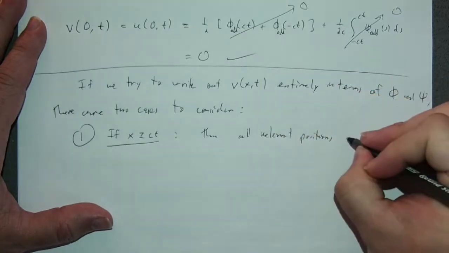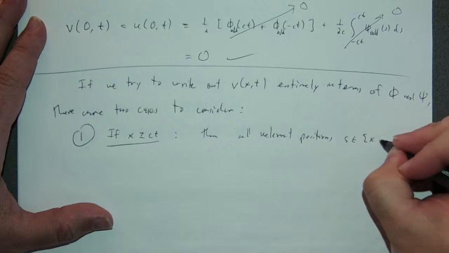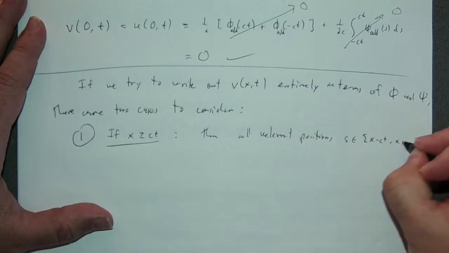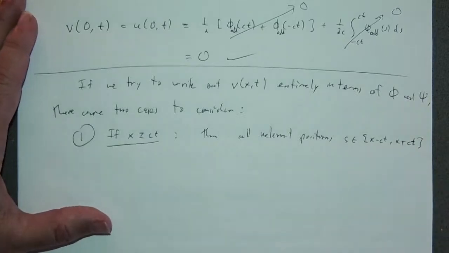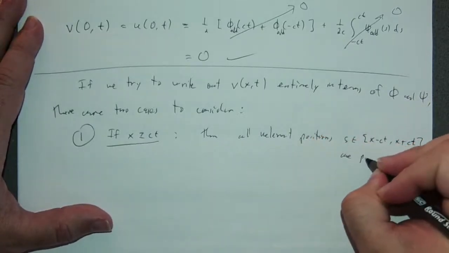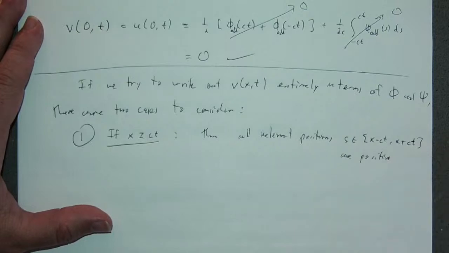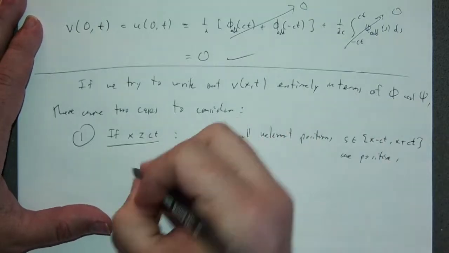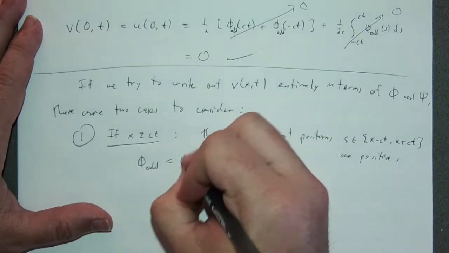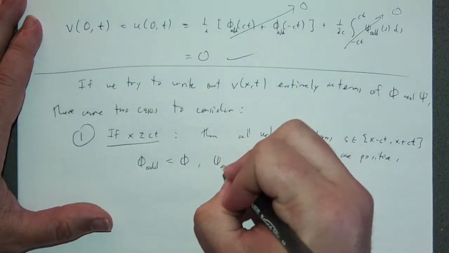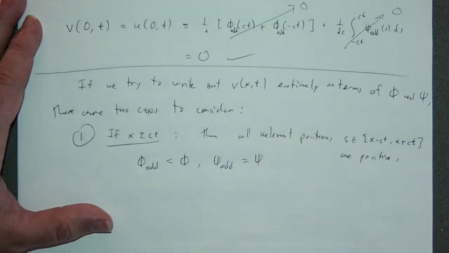positions s in this interval x minus ct to x plus ct, all of those are positive. So phi odd is just phi, and c odd is just c.